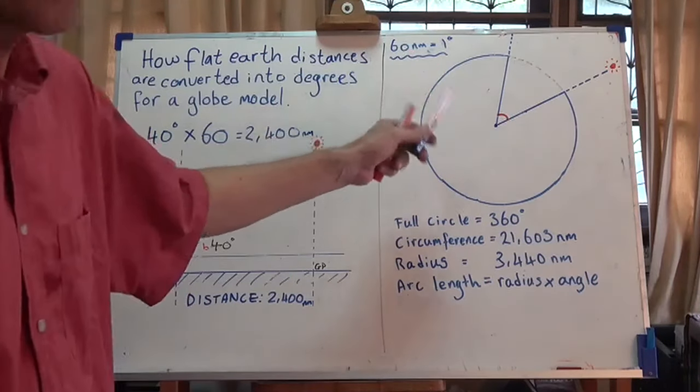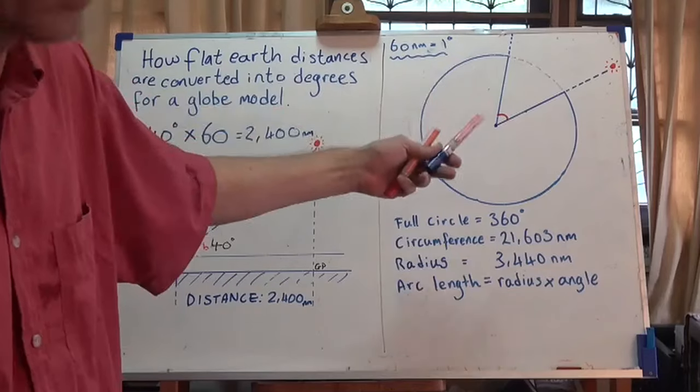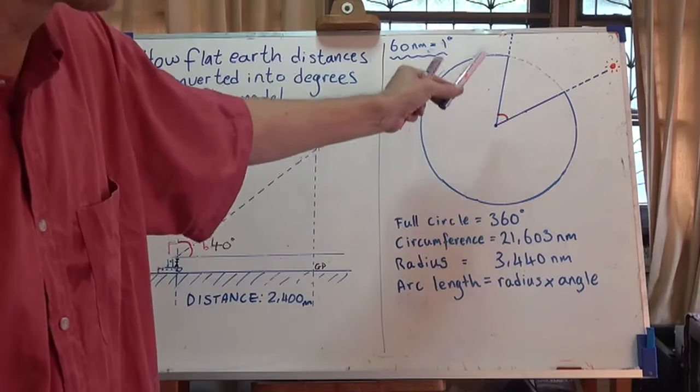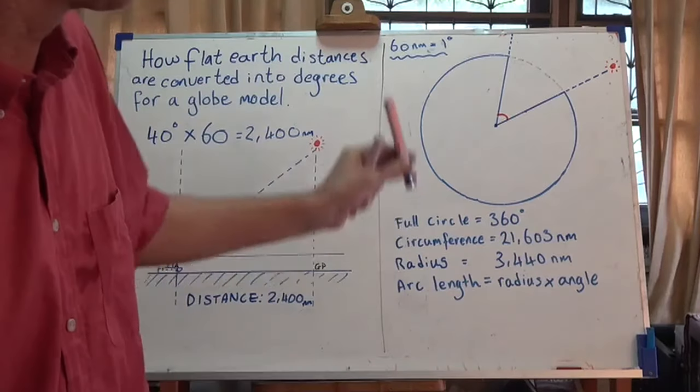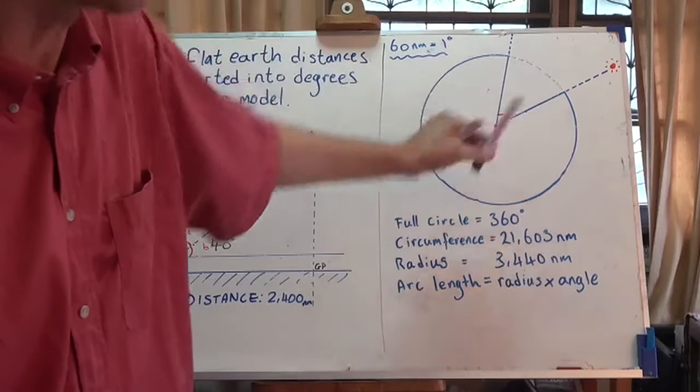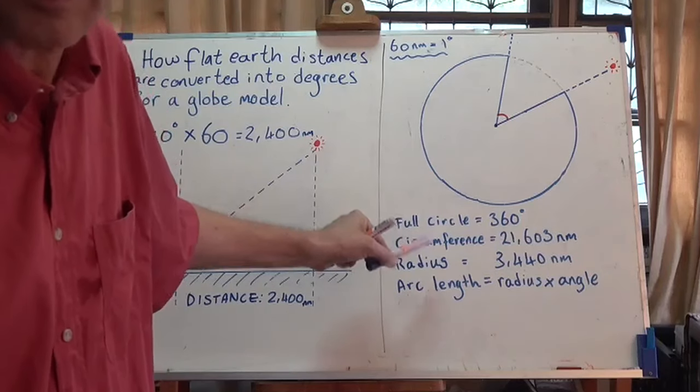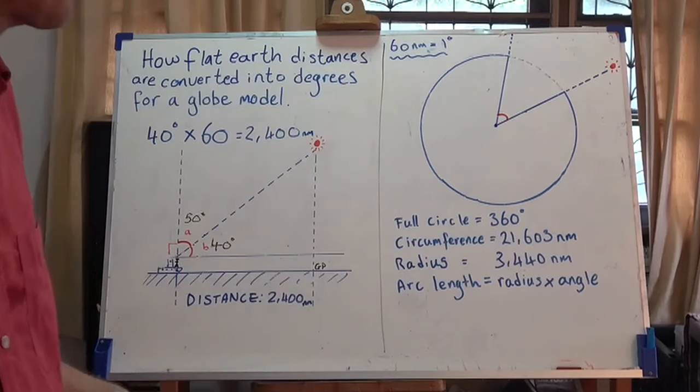Now, when you're talking about latitudes or great circles, it's very important to understand that this is not a slice of a globe. It is simply a two-dimensional circle that, of course, is 360 degrees.